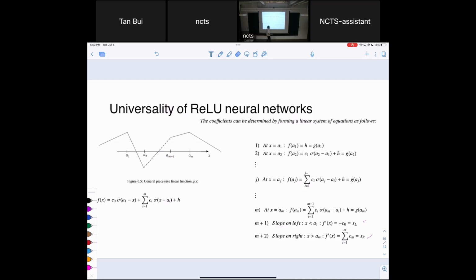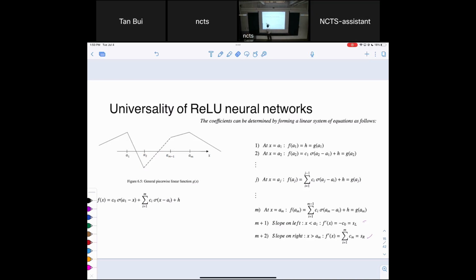At x equal to a1, f of a1 must be equal to g of a1, because we want to match exactly. g of a1 is something we are given. f of a1 is equal to h, so the first equation immediately tells us what h is. h must be equal to g of a1. Done, we solved for h.